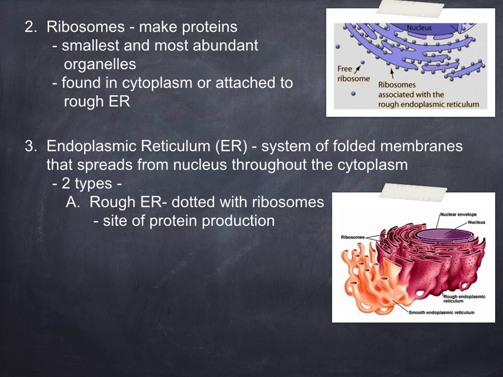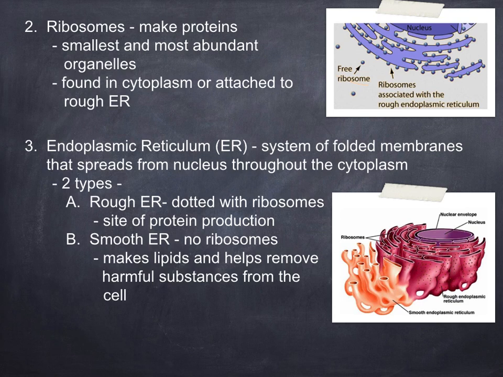There's the rough ER, the one that has all of the ribosomes dotted on it. You can see the ribosomes here. That is the site of protein production. So this rough ER is where protein production happens. Those ribosomes attached to the rough ER are the ones doing that protein making.